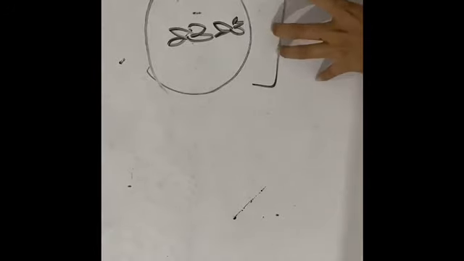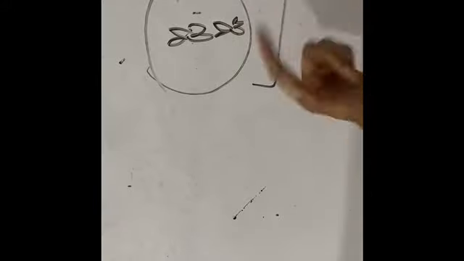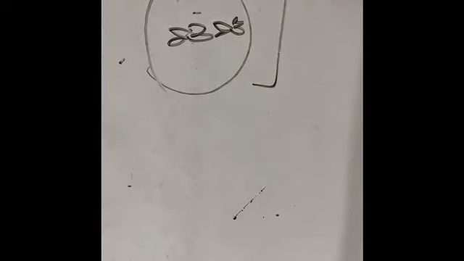So they'll give you an image, they'll ask you which stage this is, what stage will come next, and what happens during this stage, etc. Or they will mention a name, they'll say anaphase, and they'll ask you what happens in anaphase, right? So the questions can be asked in these two forms. Okay, all you need is a lot of practice and you will be able to do it.